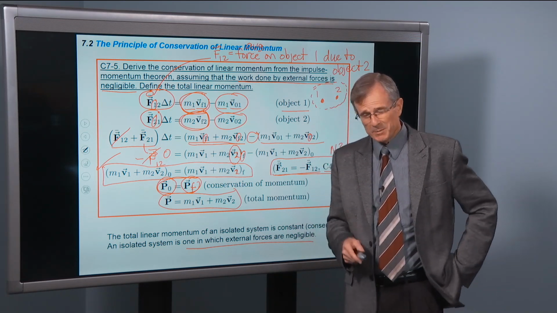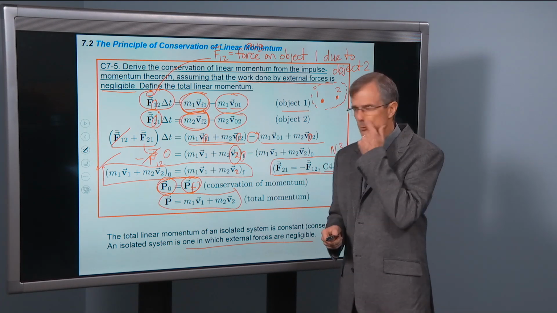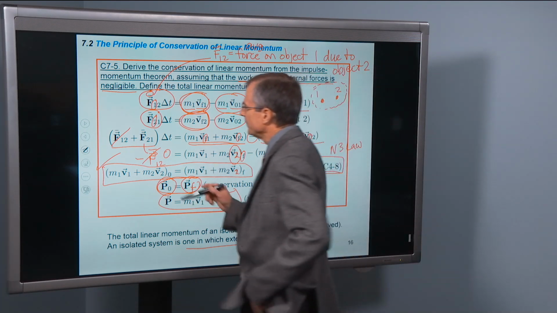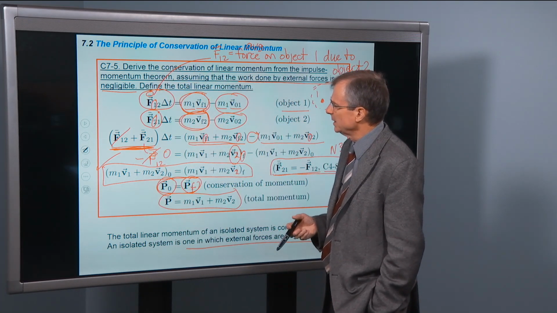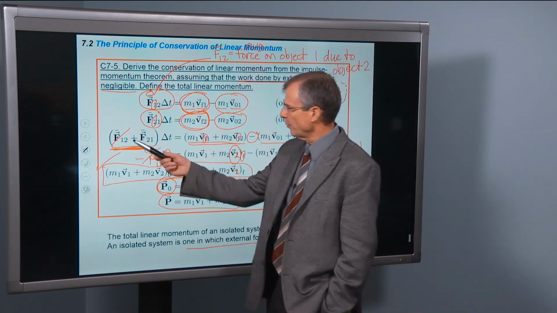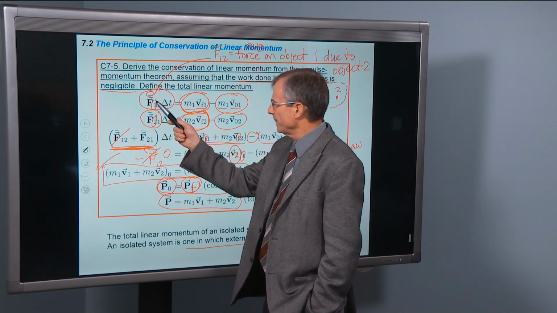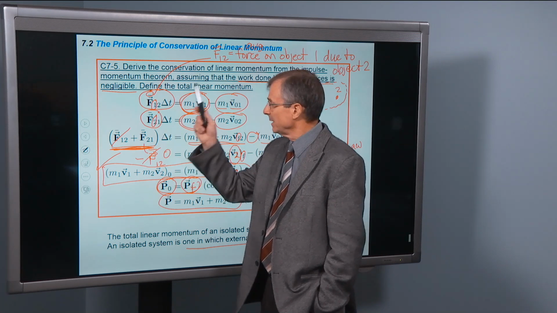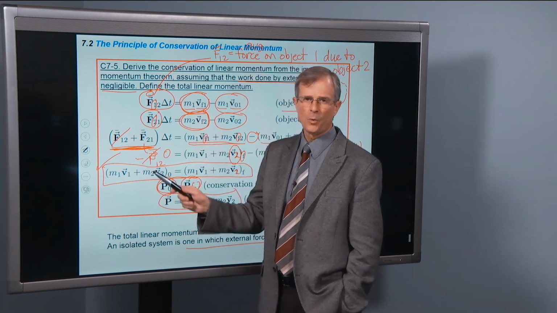And some of you might be saying, well, hang on, Dr. Edwards, we never really assumed that the external forces are negligible. And in fact, it's right here where we assumed it. We assumed that the net force was, well, it's actually about basically here. The impulse momentum theorem deals only with the net average force.